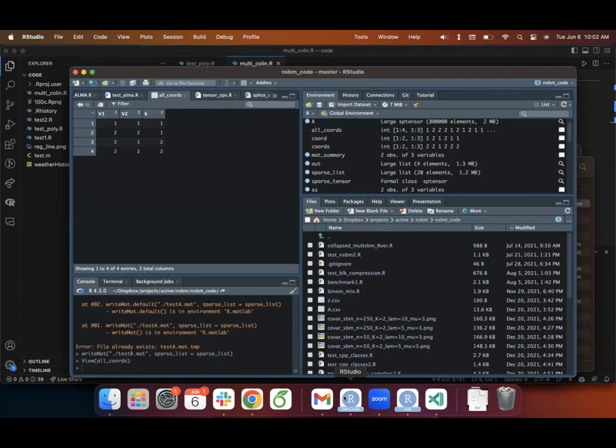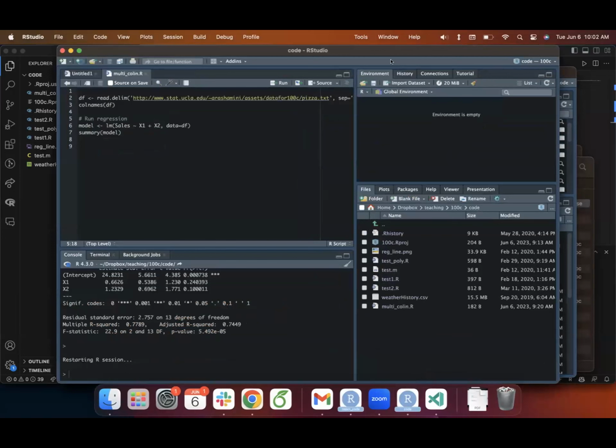How do we do this regression? We do it here. Not sure if it's visible, probably not that visible, but can you see the screen? So the data is the pizza.